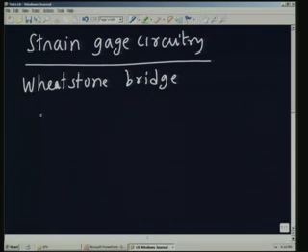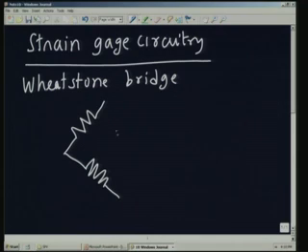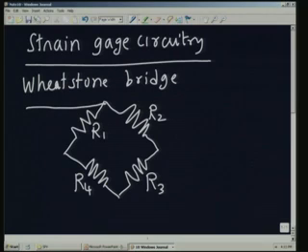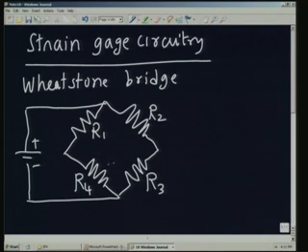So, we have 4 resistances. We have already seen some of these kinds of things in the case of temperature measurement also. We will label them as R1, R2, R3 and R4, and I am going to inject some voltage from outside, positive, negative, and I am going to measure the voltage here.